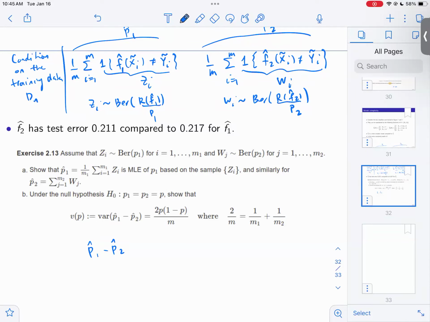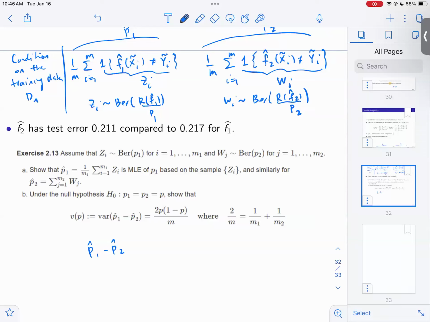Some issue is that these are not independent, because they're based on the same training. Here I'm assuming that they are independent; the calculation also gives you the variance, so it's okay. But let's pretend they're based on independent test data.